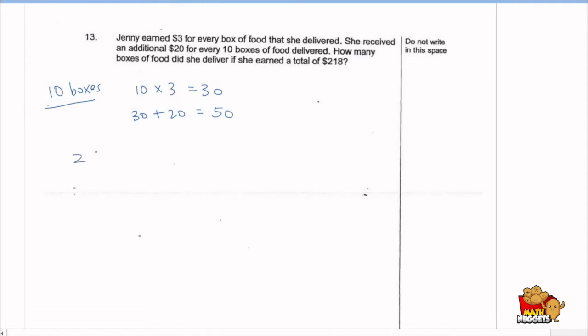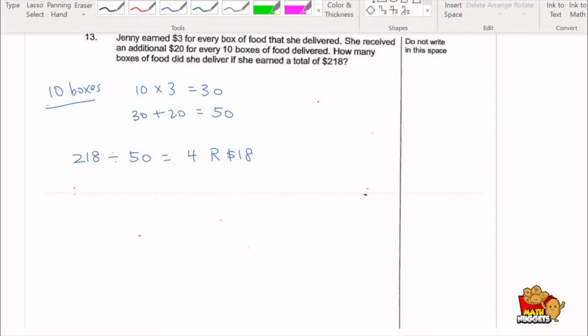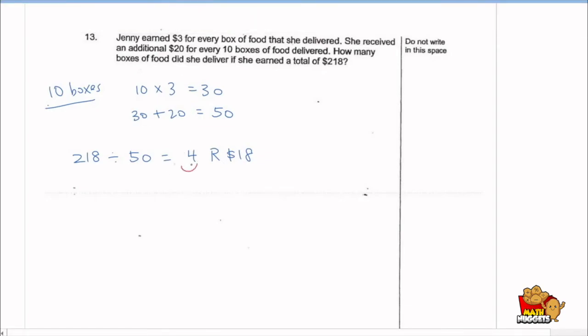So now, if she earned a total of 218, let's find out how many sets of this would she have. So this will be 4 sets and a remaining of $18. So this 4 represents 4 sets of 10.